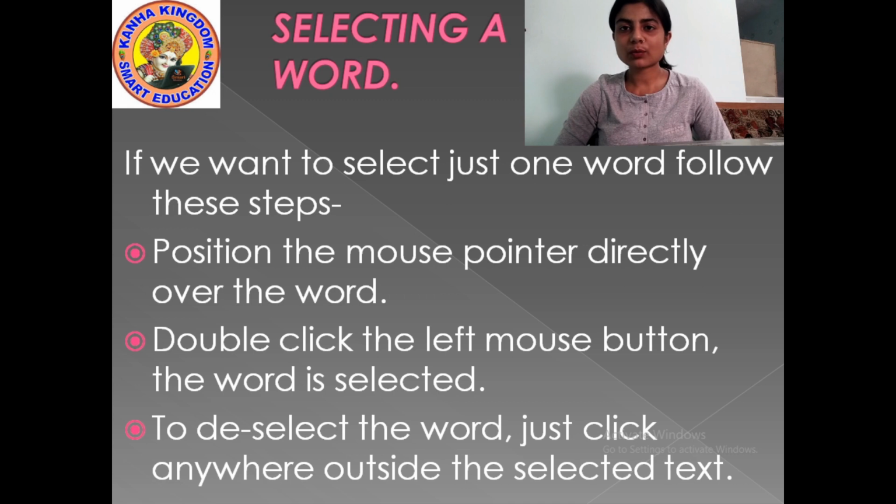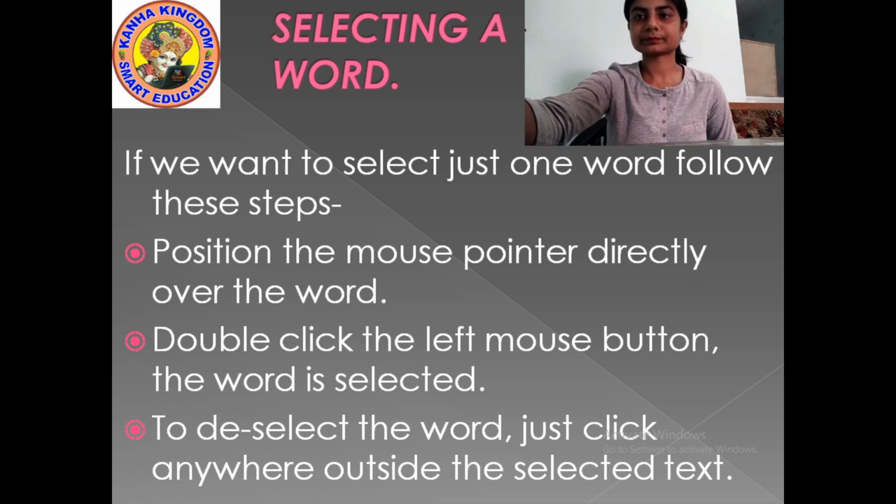To deselect the word, just click anywhere outside the selected text. If you don't want to select that word, you just go out of the document page and click anywhere. That word will be deselected.